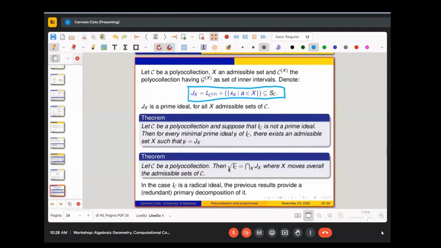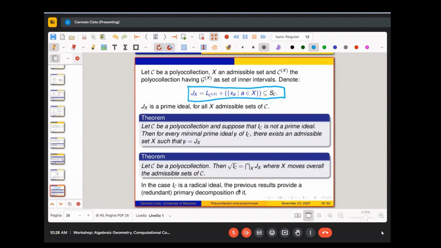So this is difficult, because what would be very interesting is to characterize what are the admissible sets associated to the minimal primes, so as to obtain an irredundant primary decomposition, a minimal primary decomposition.